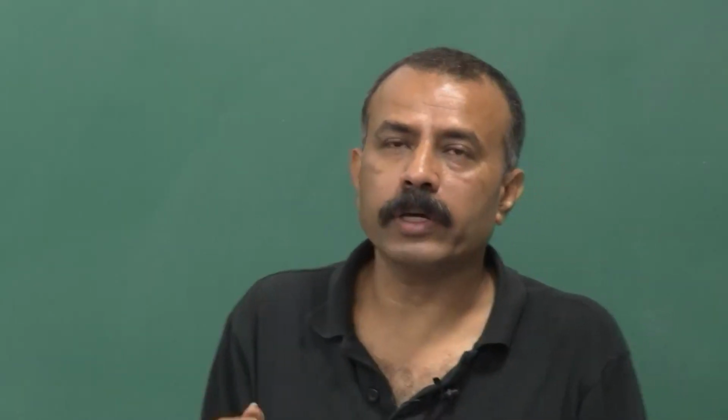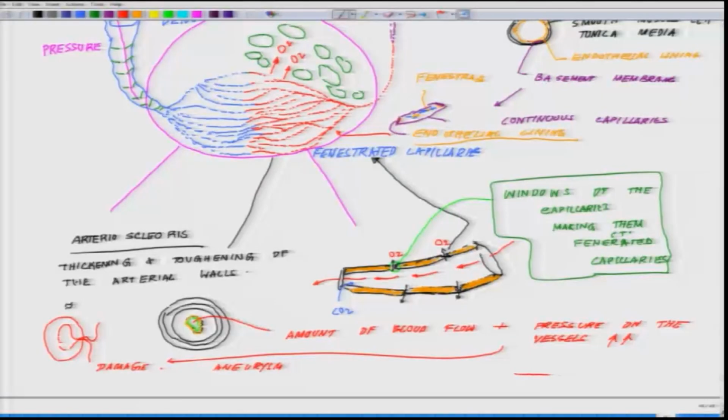Those who do fluid dynamics will appreciate it better: if something is flowing like this and all of a sudden it has to take a very peculiar path like this because of some pressure or growth on the vessel. So, these are some of the things commonly observed in the arteries.